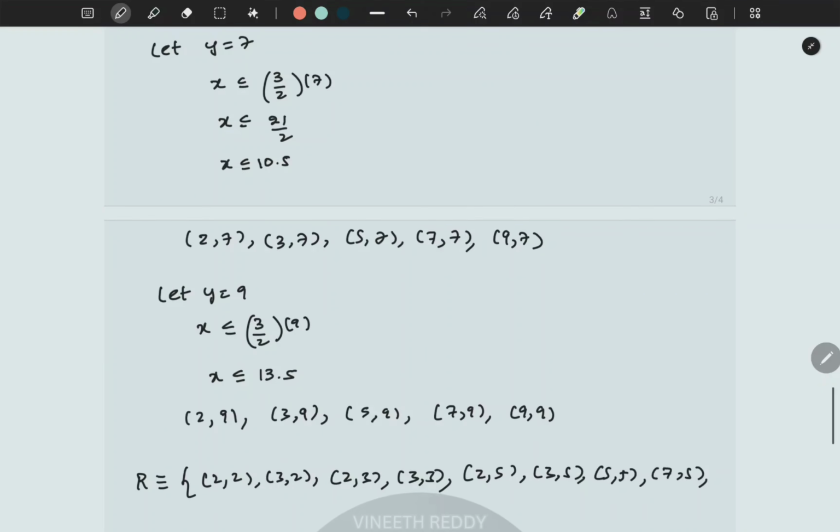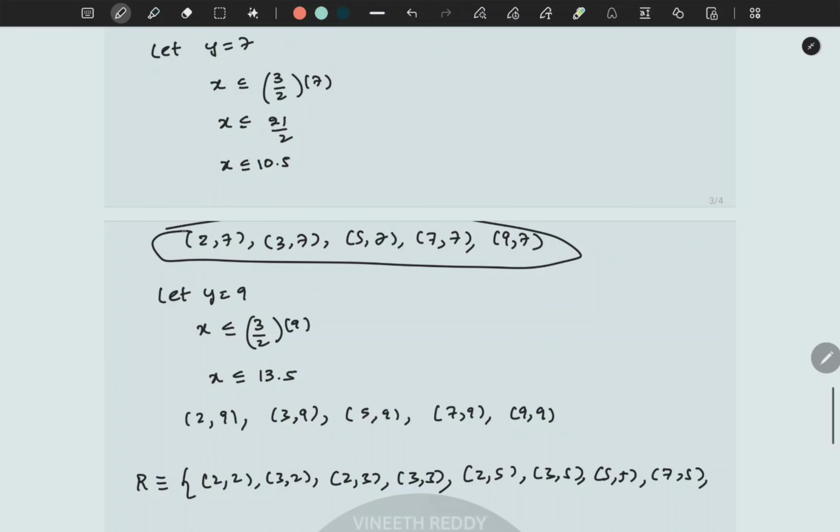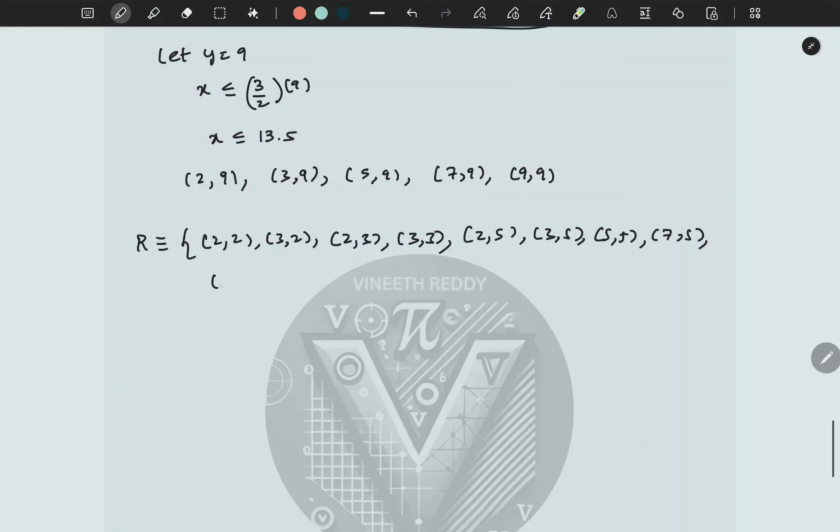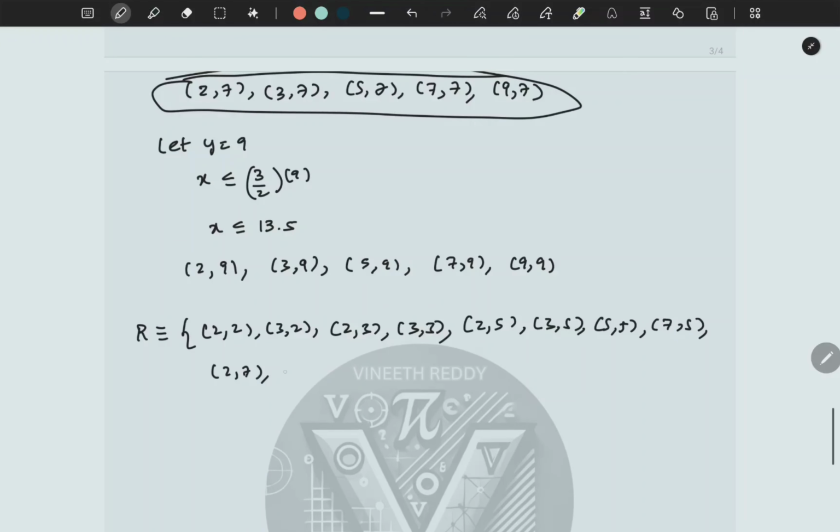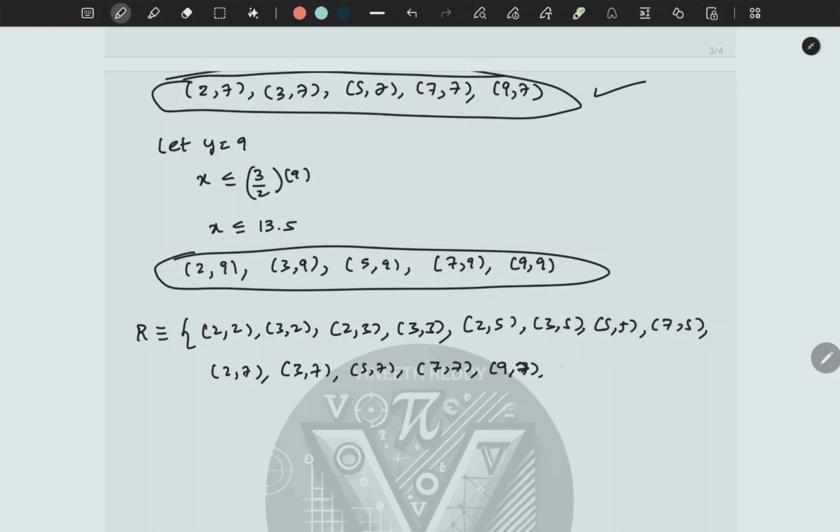Yeah, this is also done. Now (2,7), (3,7), (5,7), (7,7), (9,7). Next we have (2,9), (3,9), (5,9), (7,9), and (9,9), right? So these are the elements present in R.